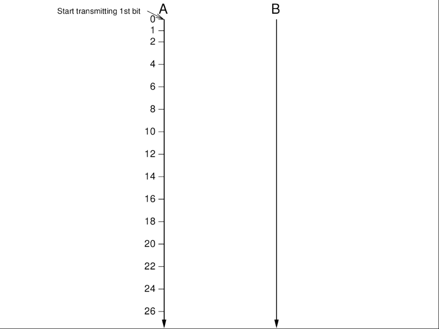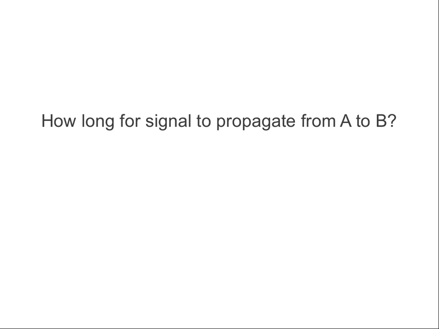And then the signal representing the start of that transmission comes out onto the cable and flows through the cable the 4.5 kilometres until that signal reaches B. The question now is, how long does it take that signal to get from A to B? How long for the signal to propagate from A to B?